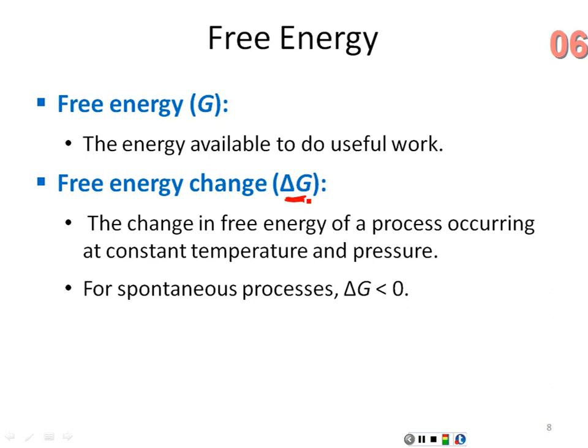And this is the change in free energy of a process occurring at a constant temperature and pressure. For the most part in this class, we're going to be talking about constant temperatures and constant pressures. And as we saw before in the second question, for a spontaneous process, delta G has to be a negative value.